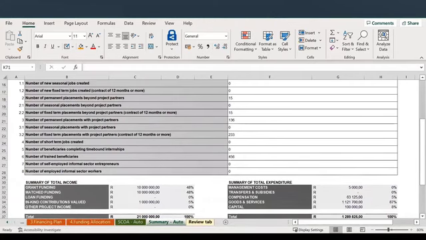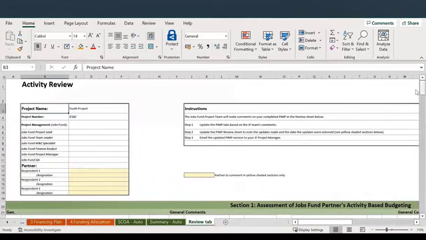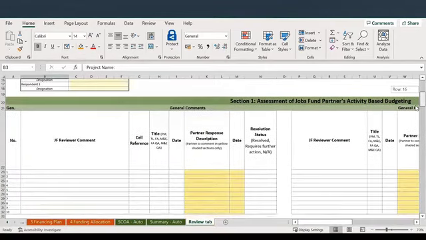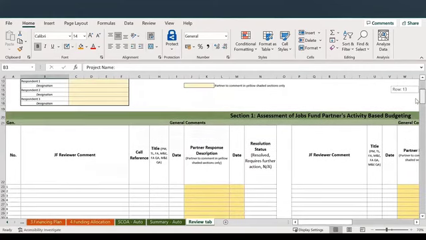And then we have our review tab, colleagues, which is where we'll document review questions for you. As we are reviewing the PIMP, we will capture a comment. They'll give you a cell reference, the title of the person reviewing it, the date, and then we would like you to respond as quickly as possible to the comments, and make it easy for them to identify where you've made the changes, with the date.